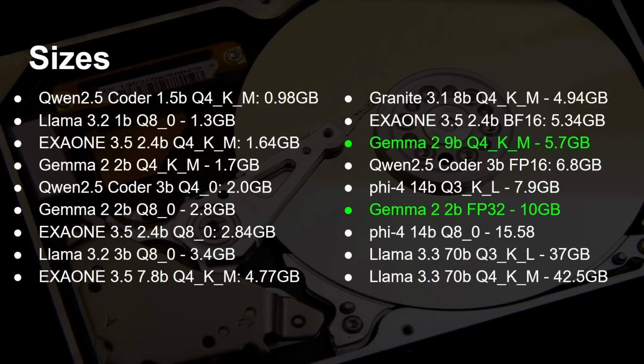The question is, does this make this one useful, or is this one more useful than that one? That's the kind of question we're going to be looking at. And the same we can see here for Exaone from LG. The 7.8 billion parameter model at 4 bits is smaller than the 2.4 billion parameter model at its full 16-bit version. So that's some of the stuff we'll be looking at.